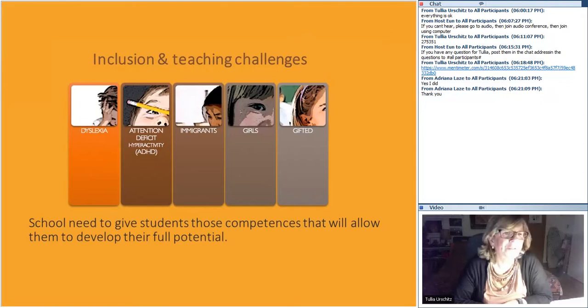Some of them have a problem with dyslexia, and this means that with math, for instance, there is a problem with calculating, working with calculus, and they also need to work with some mediators, and the robots are really very good for them.